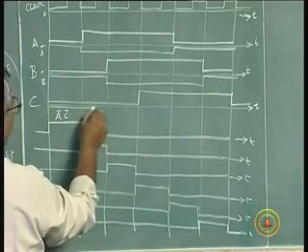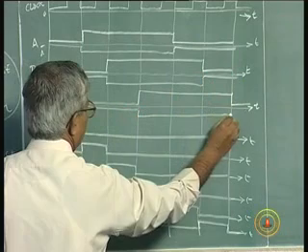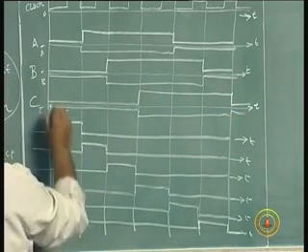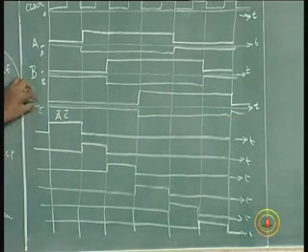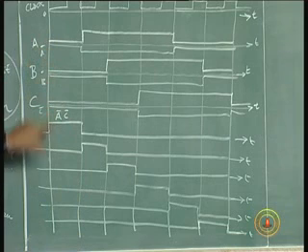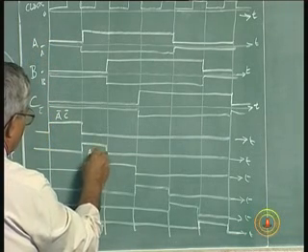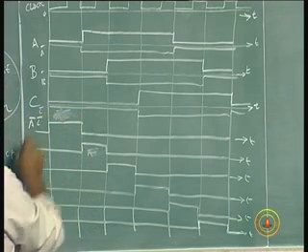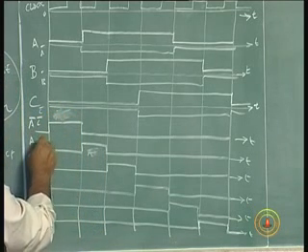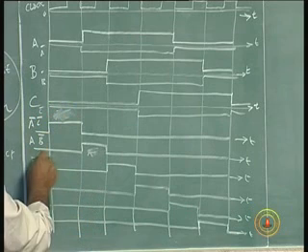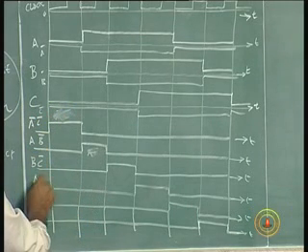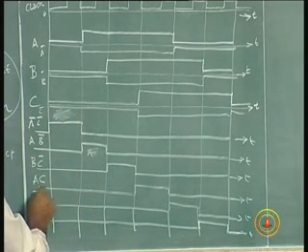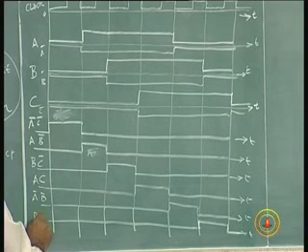This will be C bar. So you can imagine these waveforms can be clubbed from A bar C bar here, A B bar, B C bar, A C, A bar B, B bar C.